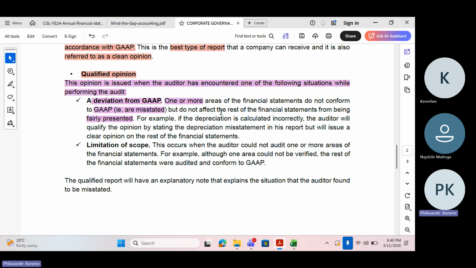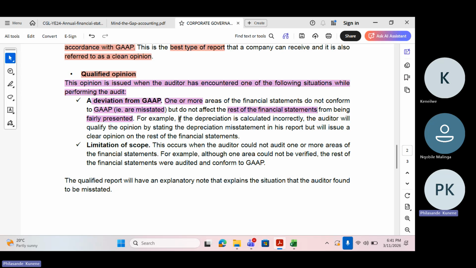It can be three, it can be four. But if I look at other areas of the financial statements, all others are correct. I'll give you a qualified opinion. One or more areas of the financial statements do not conform to GAAP, that is, are misstated, but do not affect the rest of the financial statements from being fairly presented.